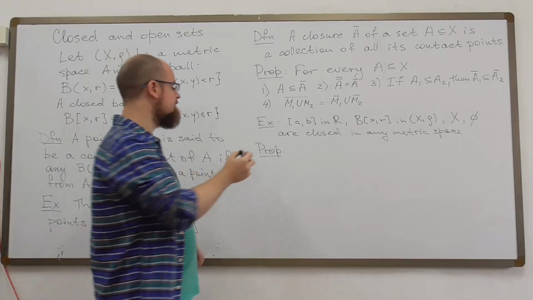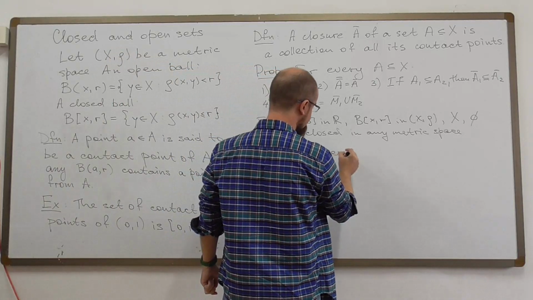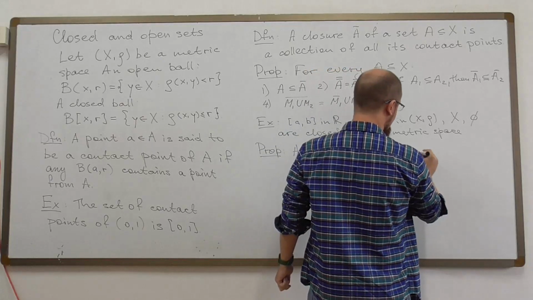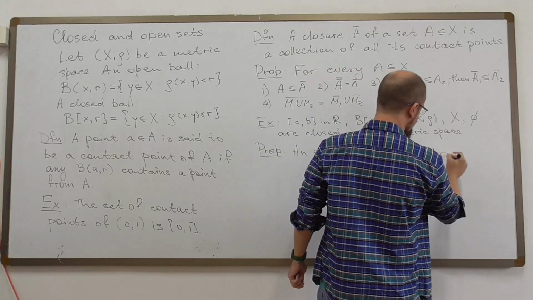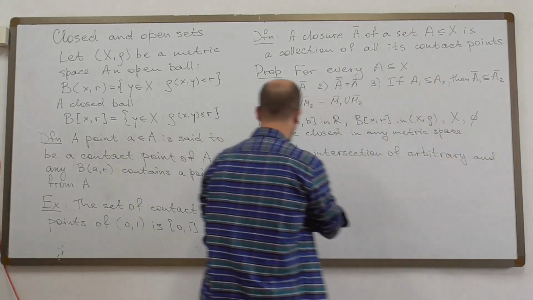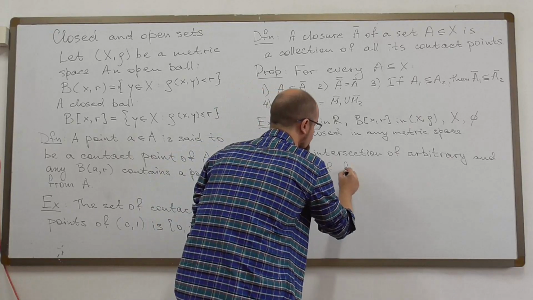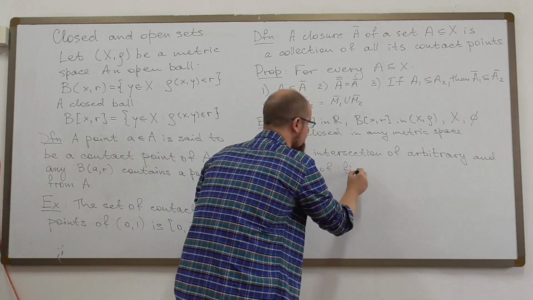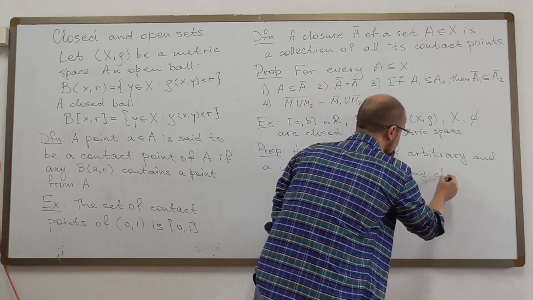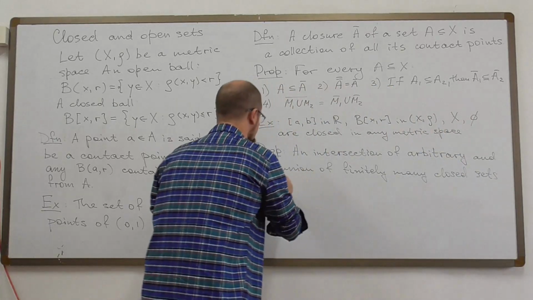This property tells us that an intersection of arbitrary and a union of finitely many closed sets are closed.